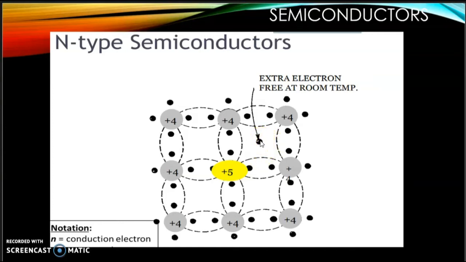So this is making the number of electrons more than the holes in this n-type semiconductor. So in n-type semiconductors, we see the electrons are majority carriers and the holes are minority carriers, and n-type semiconductors have a negative charge.